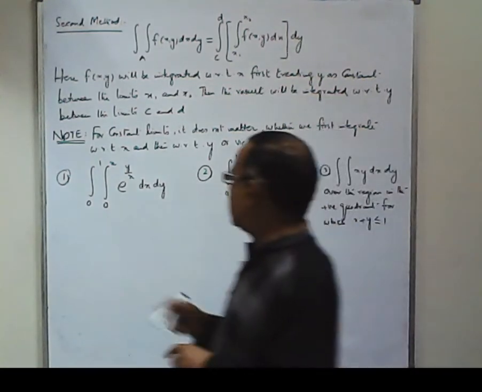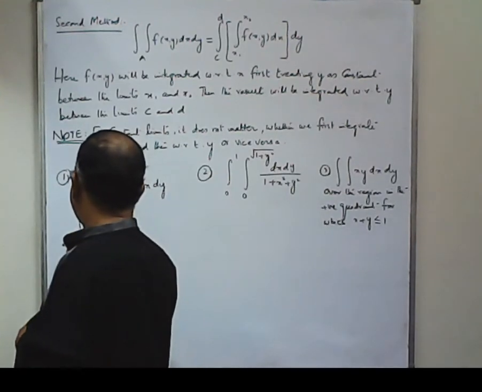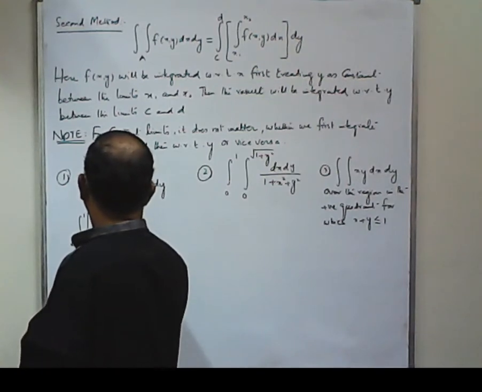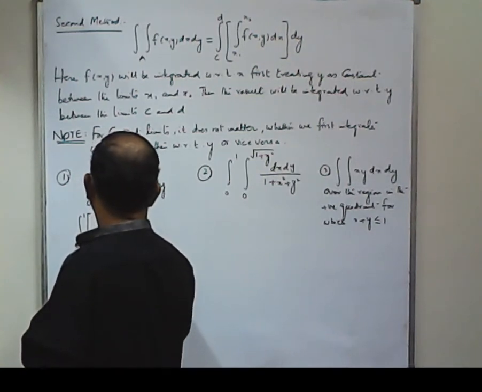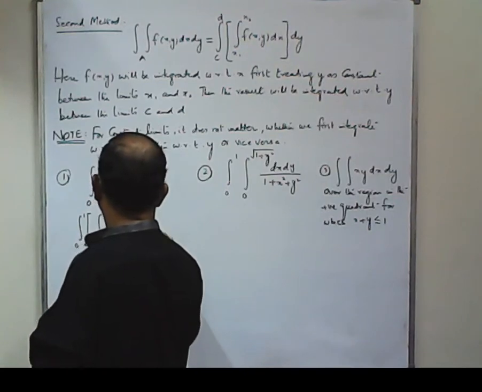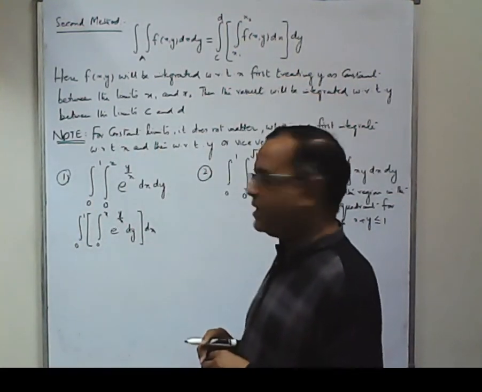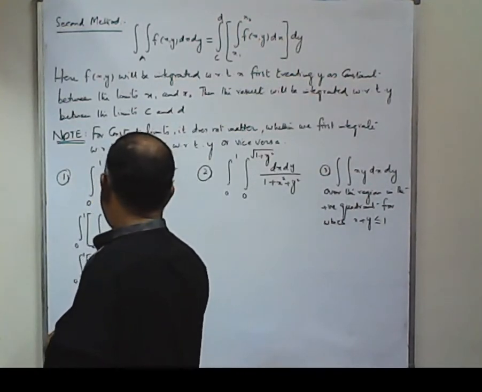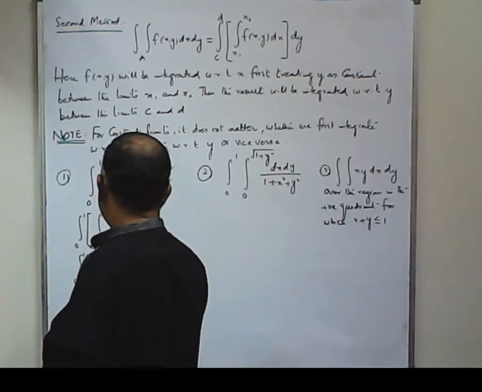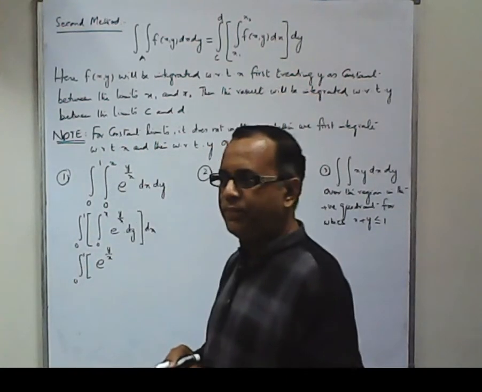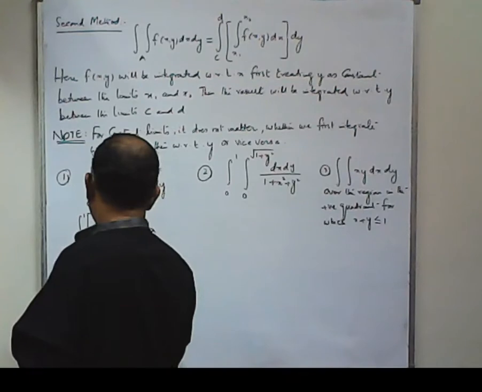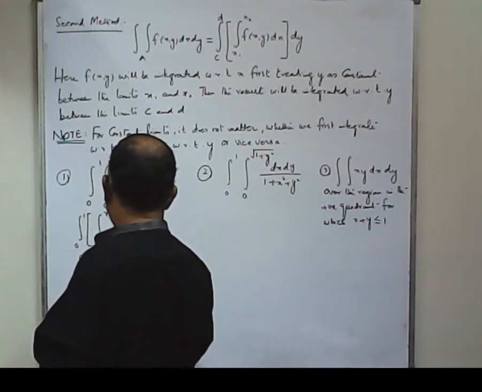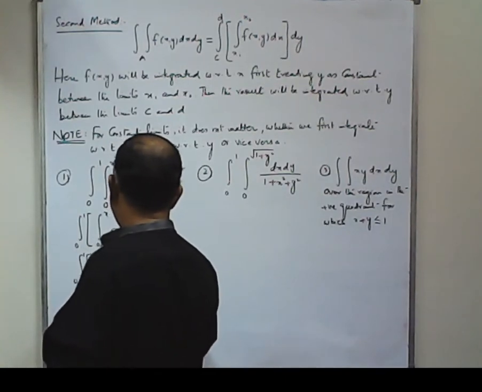So solving these examples first, 0 to 1, I am integrating here e power y over x dy. I need to integrate with respect to y first. So what will happen? 0 to 1, e power y over x integrates to x times e power y over x, treating x as a constant, with limits 0 to x and dx.